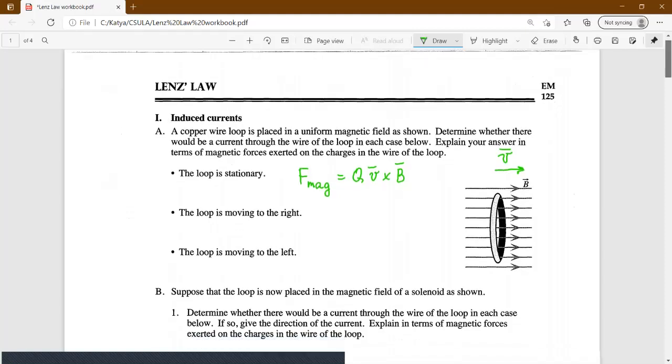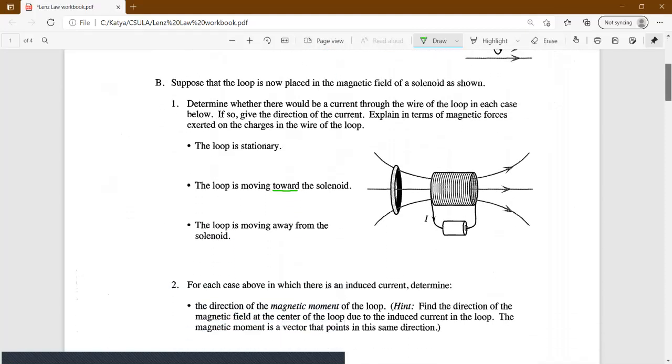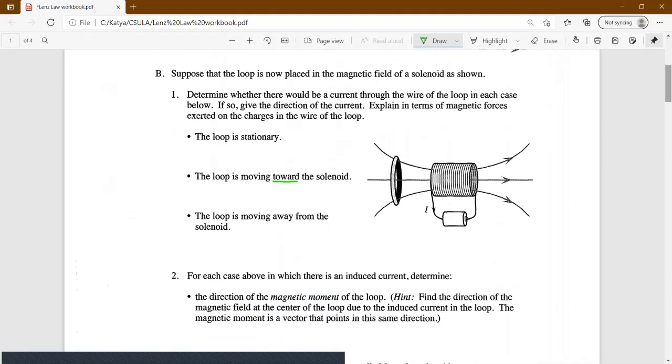Now, we are going to move to a more complicated case, the field of a solenoid. What is different in this picture from the previous one? You see that the field is not uniform in space. Not uniform means that, for example, where the loop is located right now, we have 3 field lines going through the loop, right?